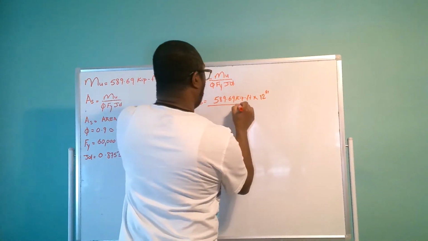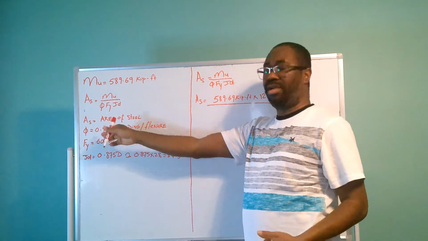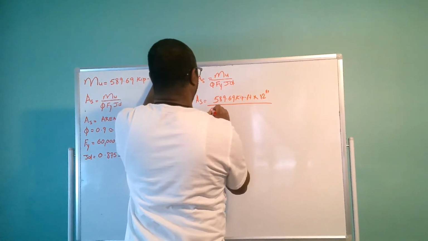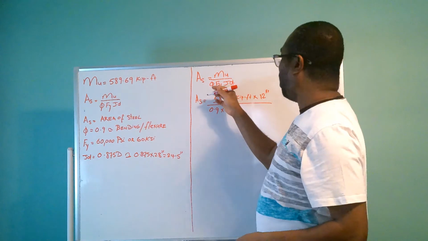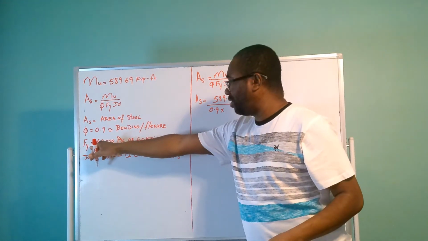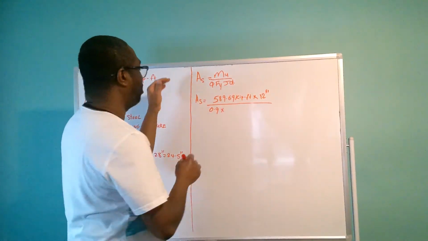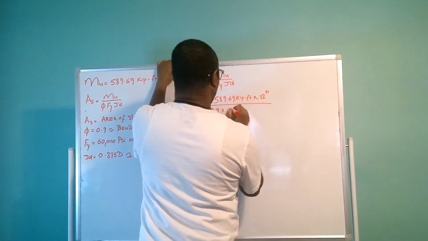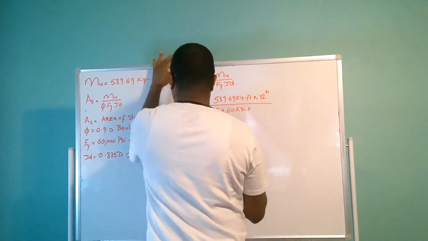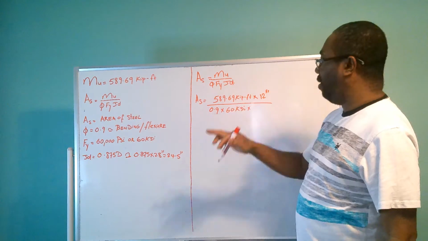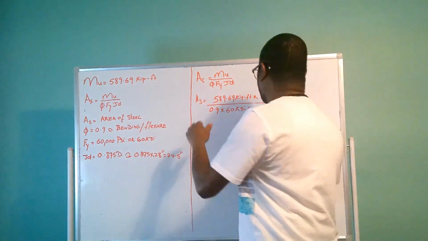So this is going to be all over 0.9, which is our phi here, times Fy, the yield stress of steel. We're going to use 60 KSI since we are working in kips. So this is going to be 60 KSI times JD, and JD we worked out to be 24.5 inches.